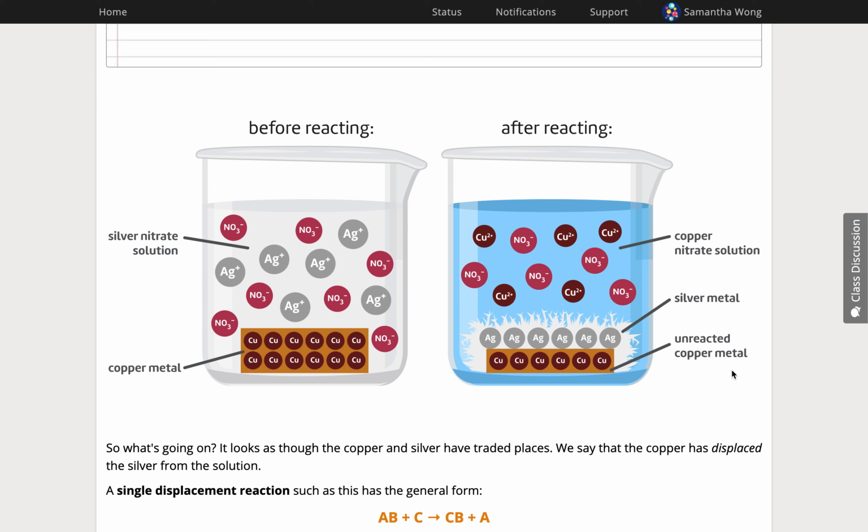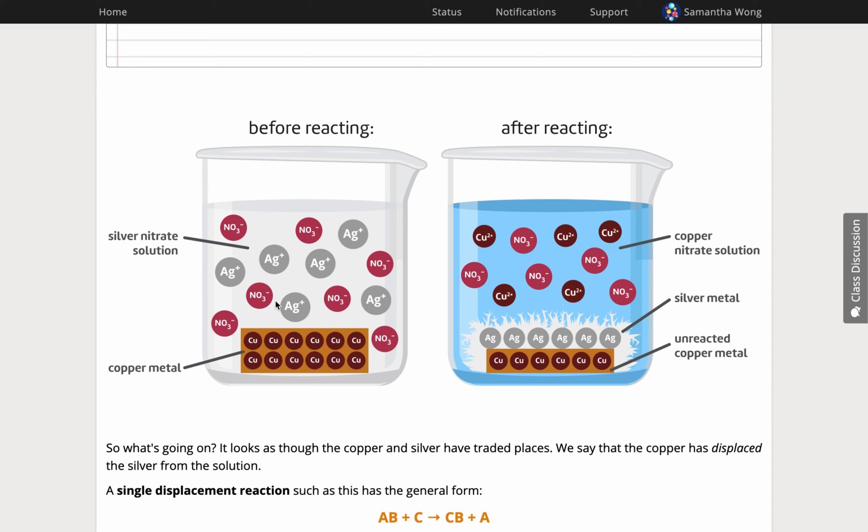Now, let's take a look at this diagram here. What's actually going on in this diagram? On this left-hand side, it looks as though we have a solution. The liquid here, shown by this label, is made up of silver nitrate, which means we've got a solution of silver ions, shown by Ag+, plus our nitrate ions, NO3-.